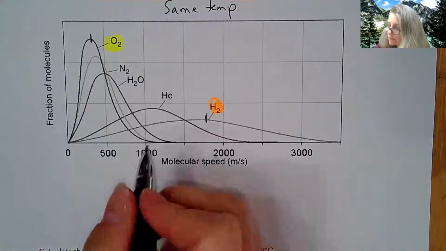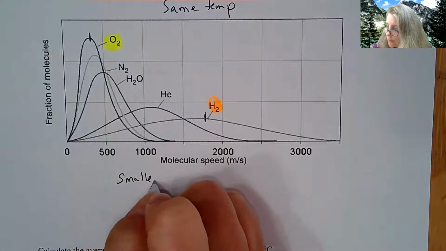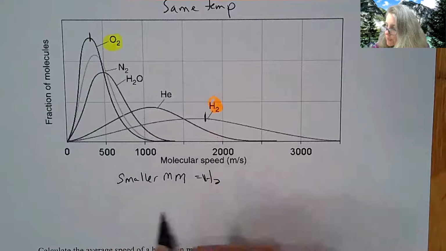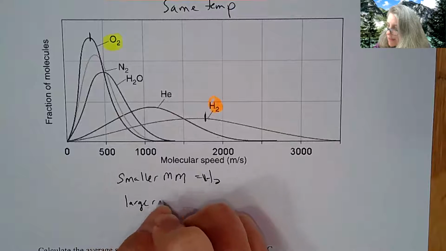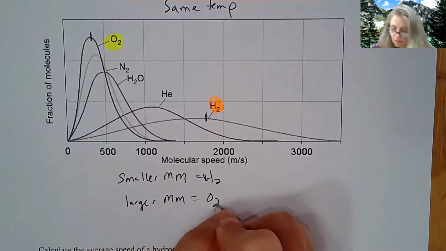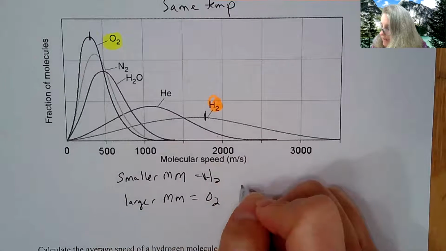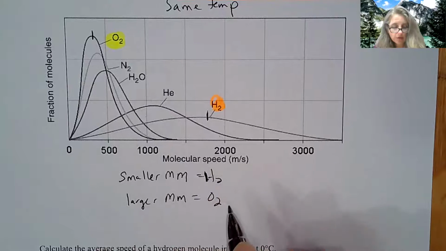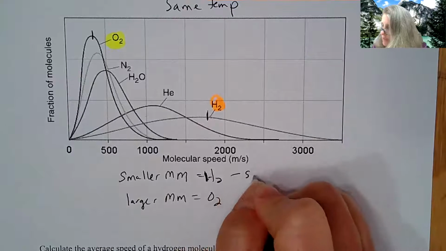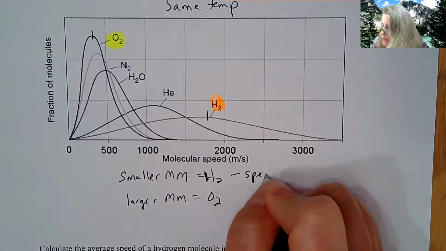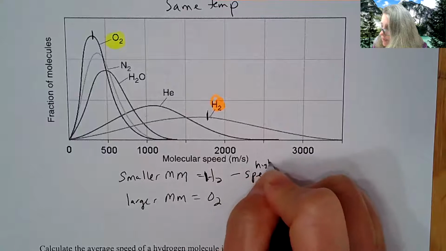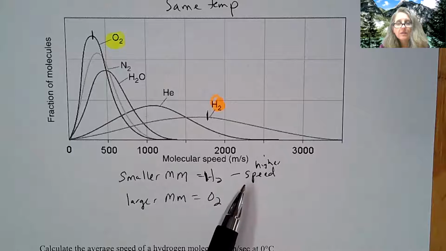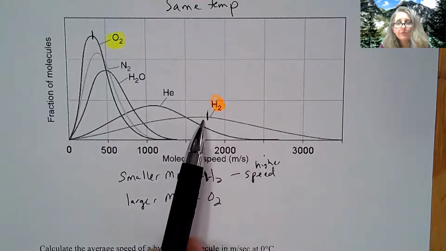The smaller molar mass of hydrogen versus the larger molar mass of oxygen gives a much wider distribution with the hydrogen, because this is going to have a higher speed because of the mass. So the smaller it is, the higher the speed's going to be, average-wise.